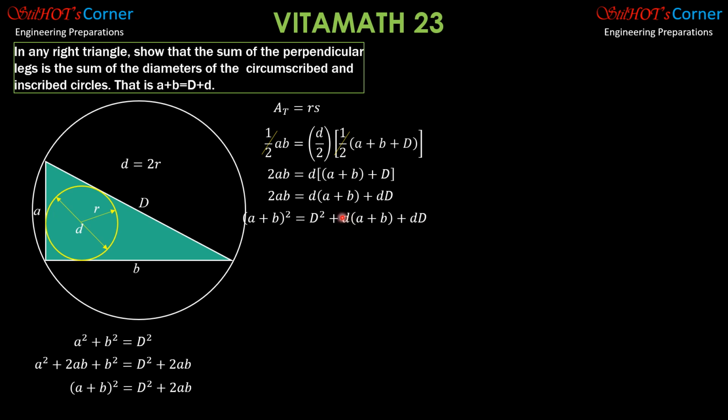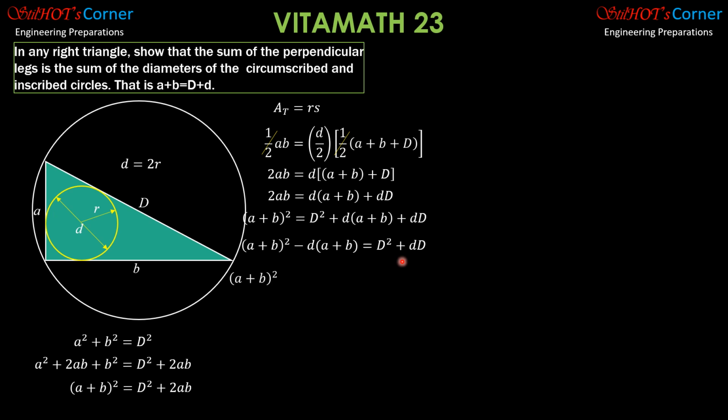Then, by additive inverse, we add negative d times the quantity a plus b to both sides of the equation to eliminate this part. So the quantity a plus b squared minus small d times the quantity a plus b equals capital D squared plus small d times capital D. We then note that the left side and the right side of the equation have one common term which will make both sides perfect square trinomials, and that is d squared over 4.